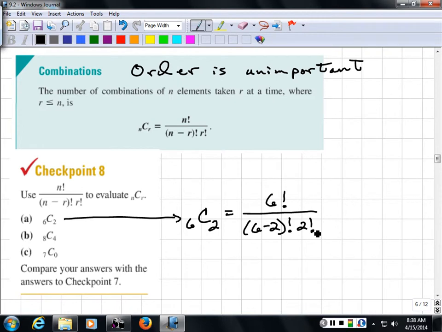In other words, I've got 6 factorial over 4 factorial times 2 factorial. Okay? Now, what is 4 factorial times 2 factorial? That's 8 factorial, right?